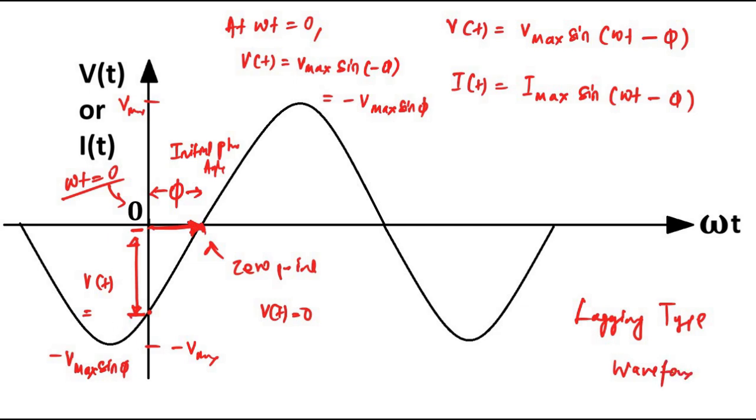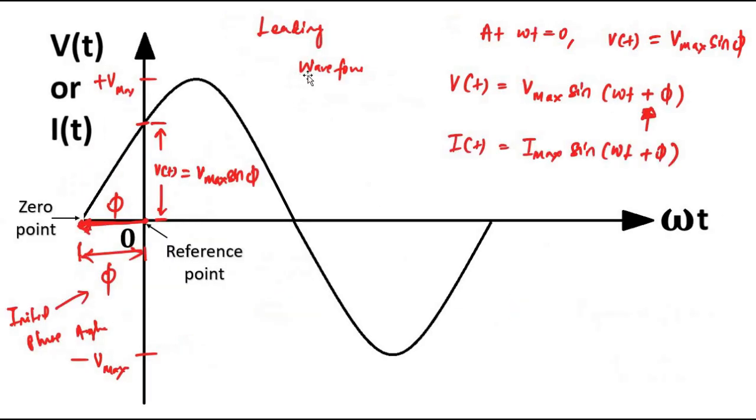The leading waveform is the one where the 0 point occurs to the left of the origin by phi degree or radian.